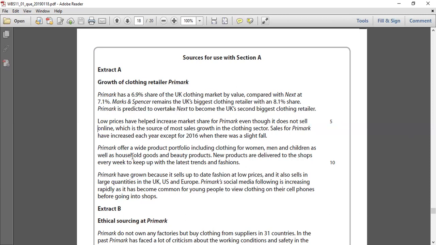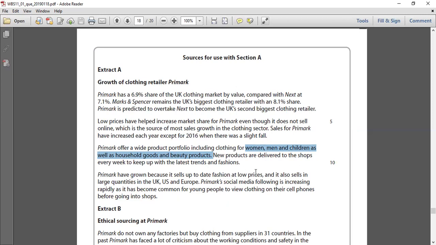Third paragraph: Primark offers a wide product portfolio, including clothing for women, men, and children. You can underline these things. What is their product portfolio? Their target market: women, men, and children, as well as household and beauty products. This is very important to highlight, because you should know their product portfolio when you're reading a question. New products are delivered to the shops every week to keep up with the latest trends and fashions.